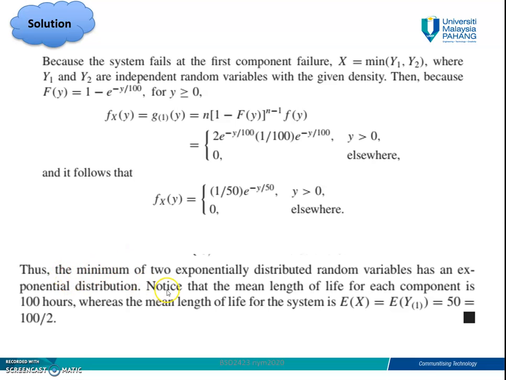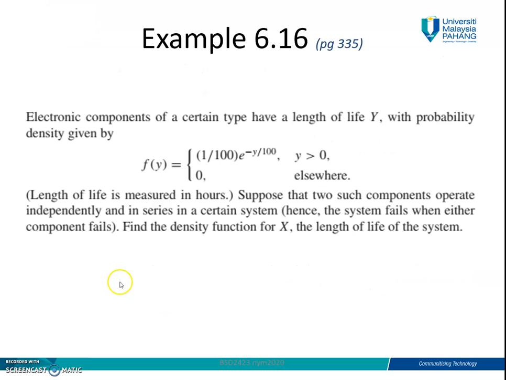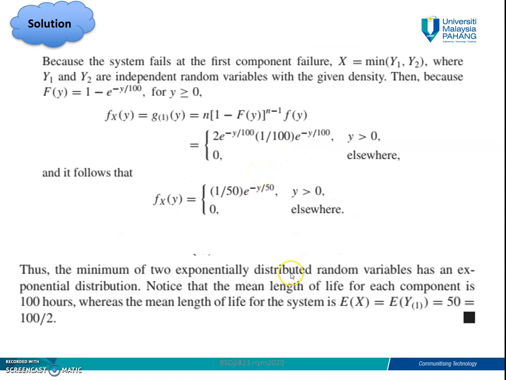So the minimum of two exponentially distributed random variables has an exponential distribution. From here you can see that this is exponential: you have 1 over theta, e to the power negative y over theta, where theta here is 100. But when you have two components, the minimum of two exponential random variables has an exponential distribution.